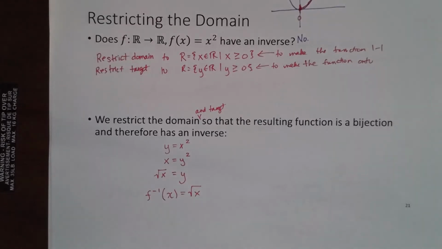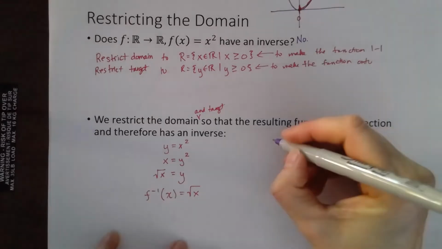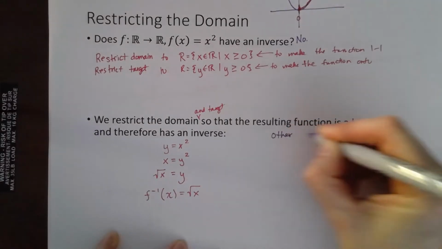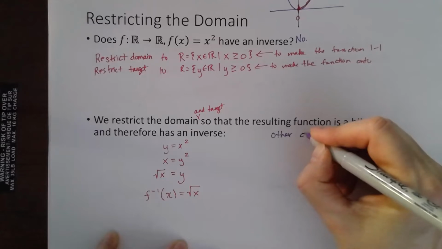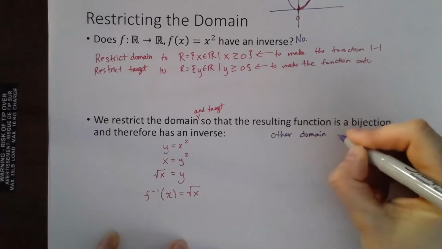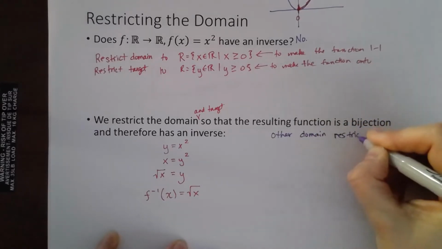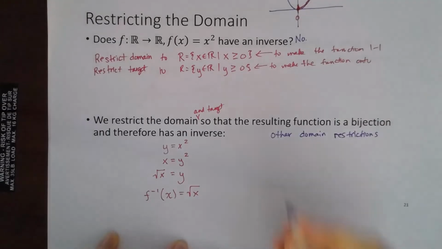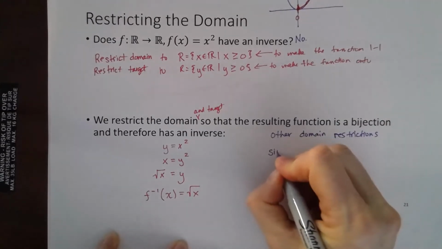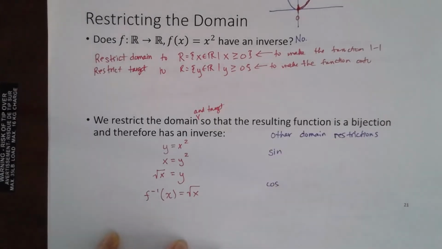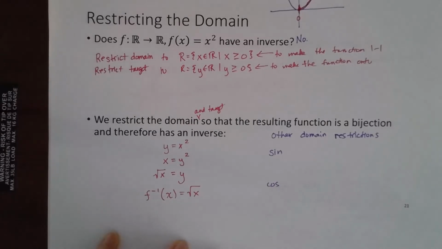The other place that you've probably seen having to restrict the domain that you're very familiar with is the sine function and the cosine function. And then we could even do tangent, but we'll just do sine and cosine for now.